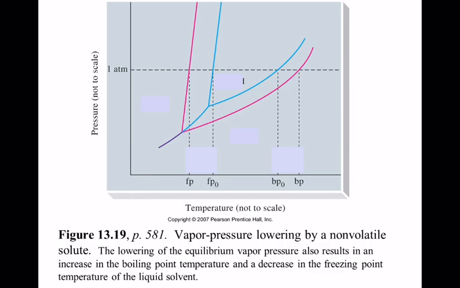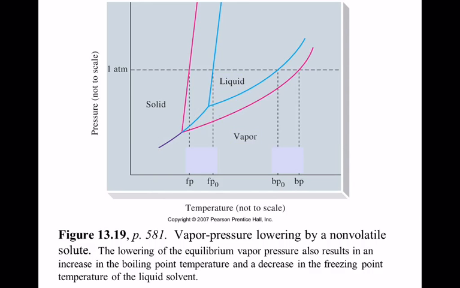So you recognize these phase diagrams. Along the x-axis we have temperature, along the y-axis we have pressure, and you see the three sectors: solid, liquid, and gas. We've talked about those, the triple point and all that. Now we have two curves, because the blue curve is the pure stuff.